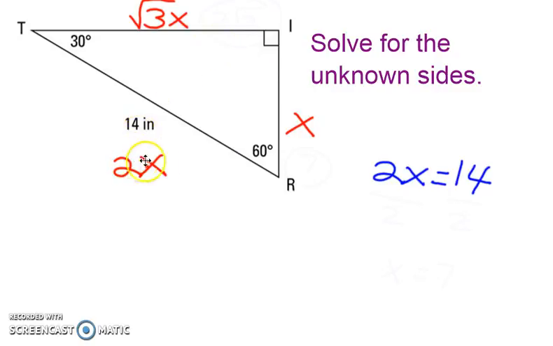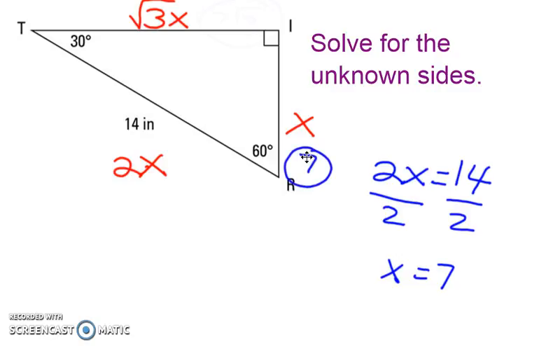So if I know that 2x is equal to 14, I have to think, what did I multiply by 2 to get that answer 14? You could probably come up with it in your head, but sometimes an equation is helpful, and I'd like you to just have it in your notes as an example. So when we solve for x, we get 7. So now that I actually have that base value, I know that this side with x is going to be 7.